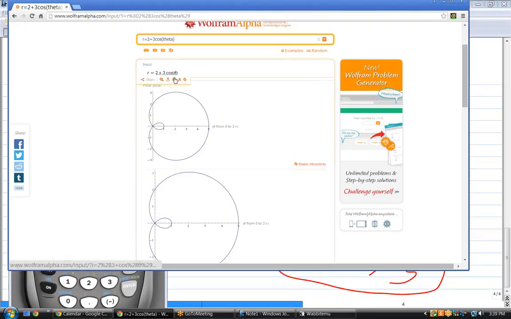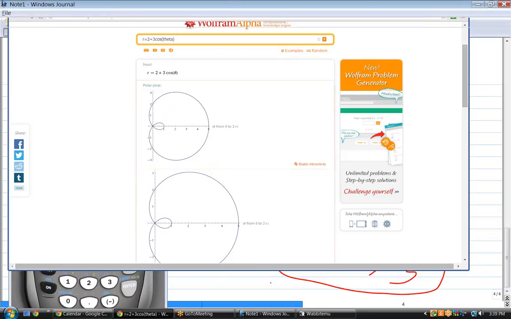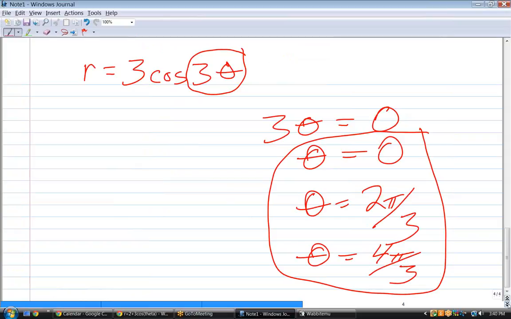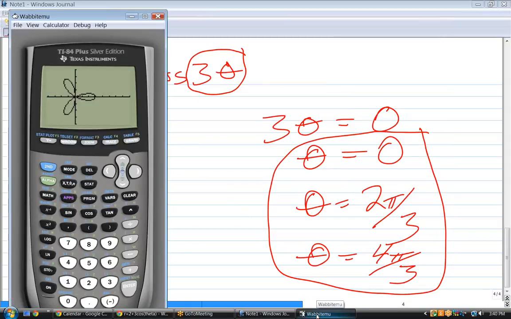Since there's no coefficient in front of that, you don't have multiple maximums. But with rose curves you do. In other words, every petal, on both the sine and the cosine, has that same maximum.